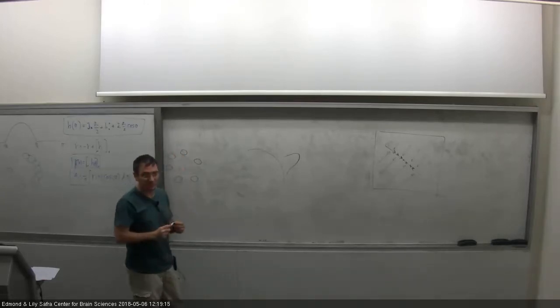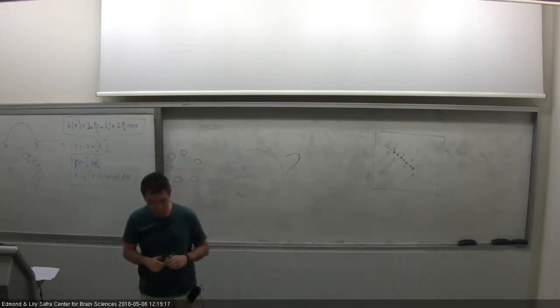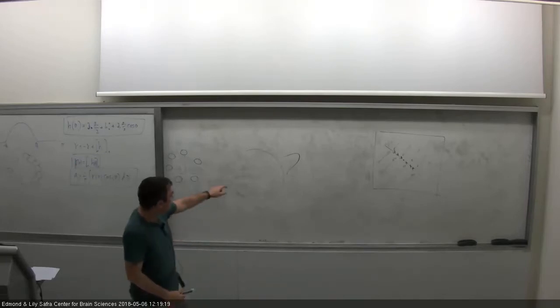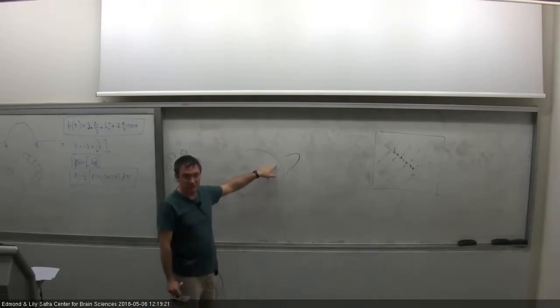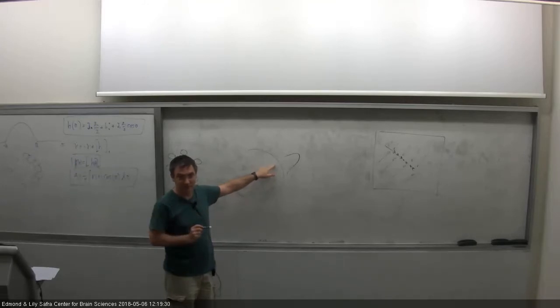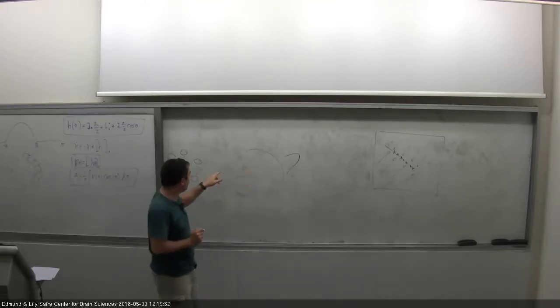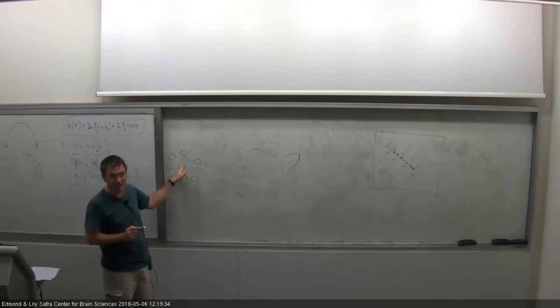It's now symmetric to a discrete rotation. So the set of solutions that we had here had a symmetry to continuous rotation. So what do we expect about the symmetry of the set of solutions in this case?